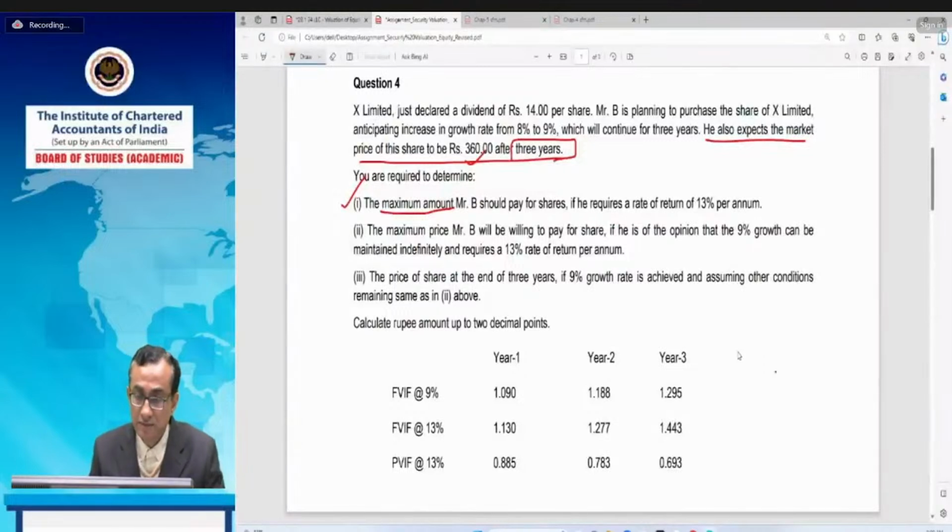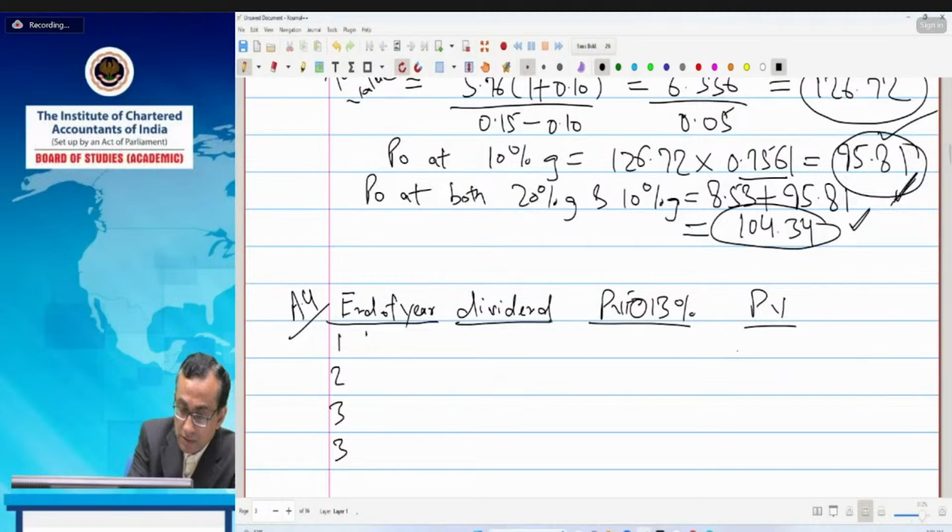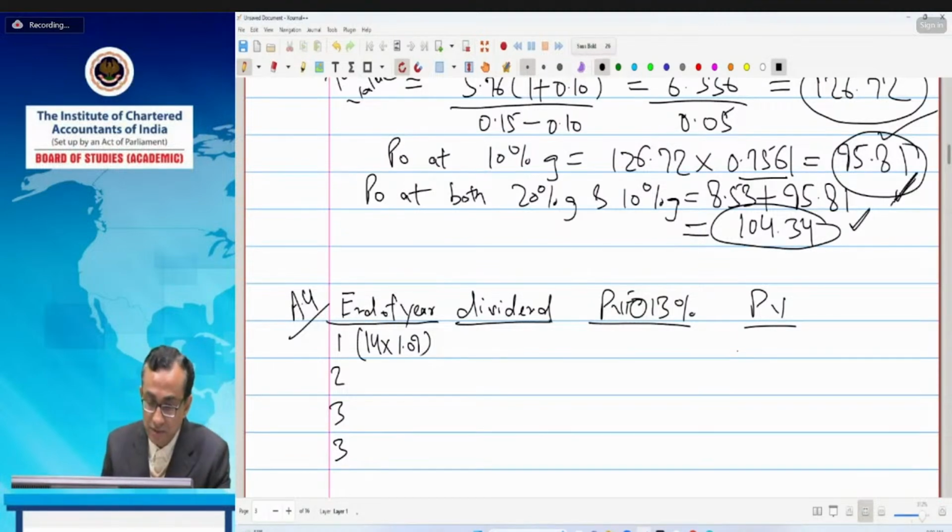So current dividend, it is 14. Okay. So 14 multiplied by 1.09, the growth rate, which is given in the question.